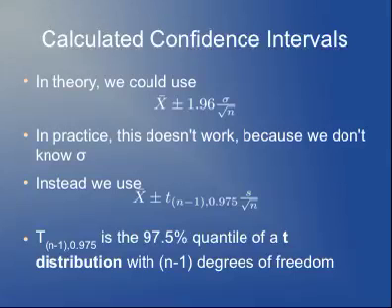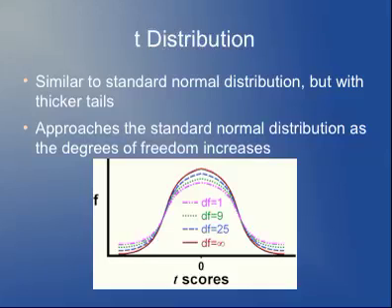This idea of degrees of freedom is a complicated thing that I really don't want to torture you with, but for the time being, suffice it to say that it's just one less than your sample size, and it's a number that you will plug into R so that you get a confidence interval of the appropriate width.